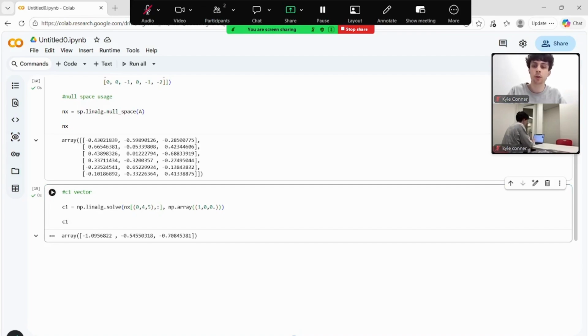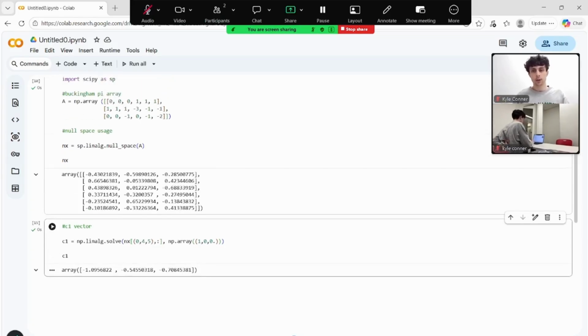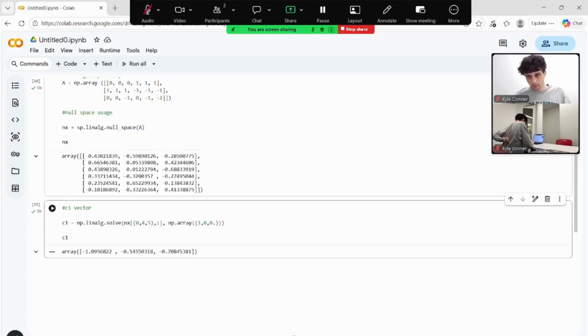So again, what we did is that we set the first, which is 0 on coding, because it's like the first one it sees, and the fourth and the fifth, so our fifth and sixth more likely. And then we set those to 1, 0, 0 respectively. So our array that we got back was these with those constraints set.